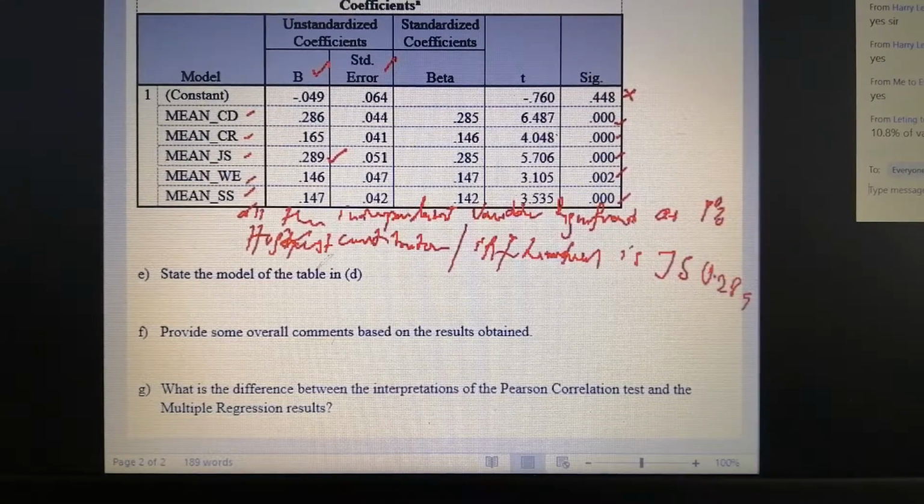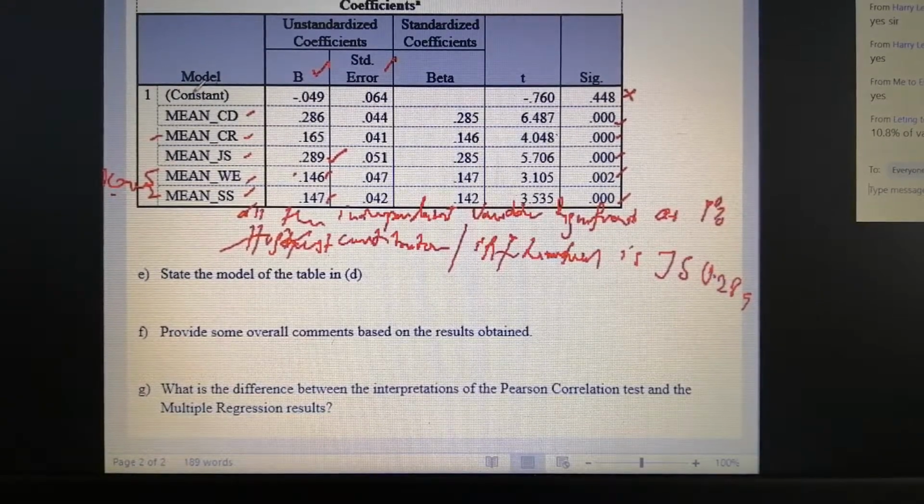So this is the high contributor. The lowest contributors you can say are these two, less than 0.146 and 0.147. We can take VE, but it's better to take both together because it's closer. And this is all median.